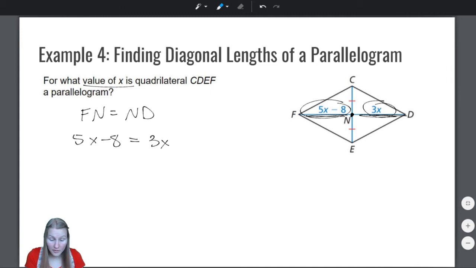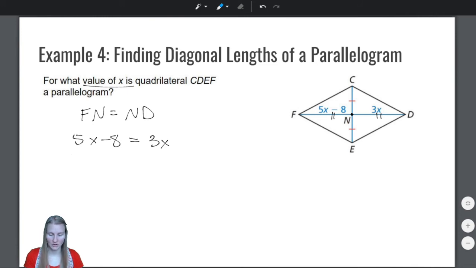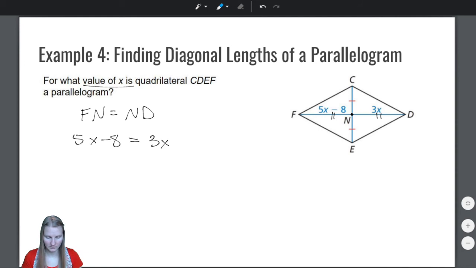If these things are equal, then I have a parallelogram, because the diagonals will bisect each other. So, let's solve and see what value of x makes these equal.